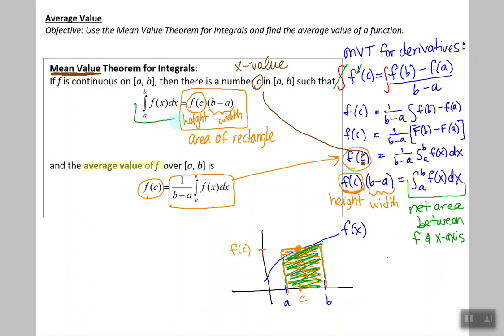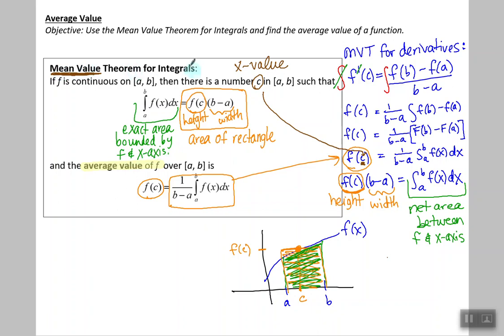Again, this definite integral represents the exact area bounded by the function and the x-axis. Of course, we want to think of it as net area because if there's anything below the x-axis, that gets subtracted.